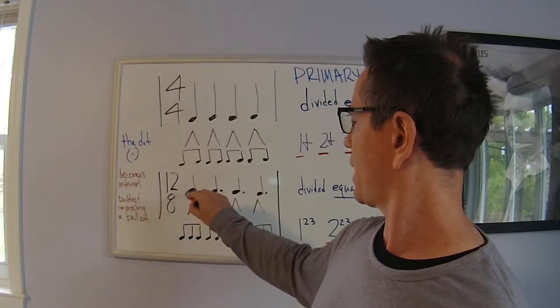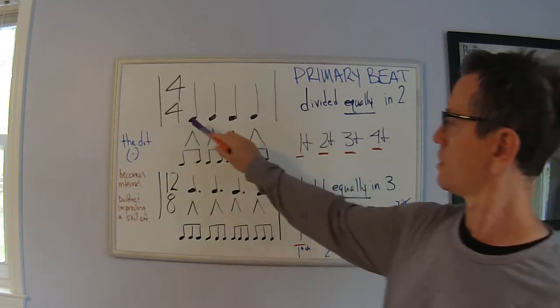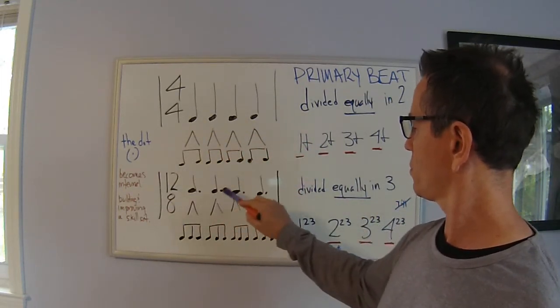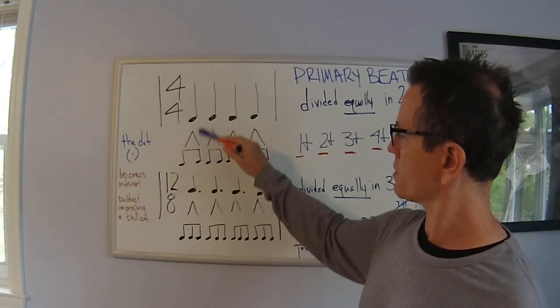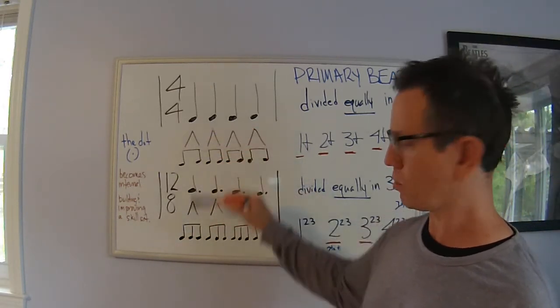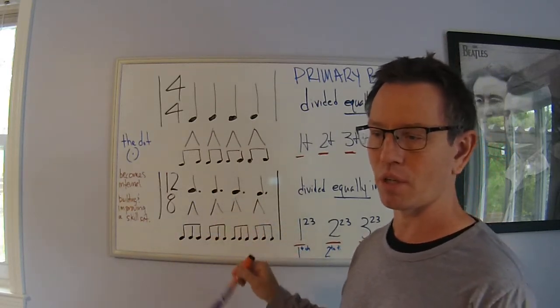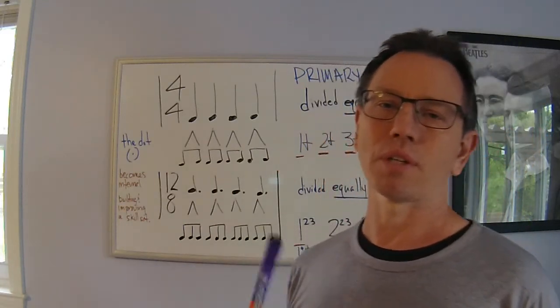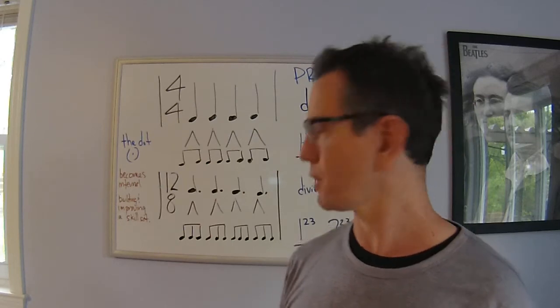So we have our primary beat, 1, 2, 3, 4. But now, instead of feeling this in 2, we're going to feel this and subdivide it in 3 equally. So we're placing 3 subdivisions in the same space where before we were subdividing in 2 equally.